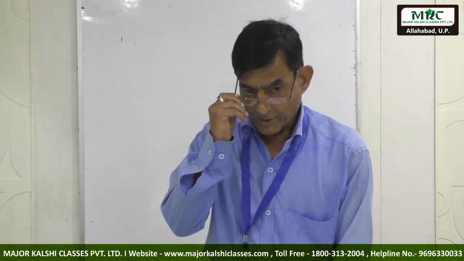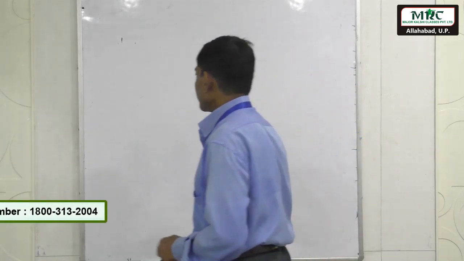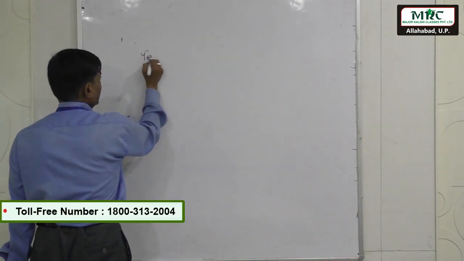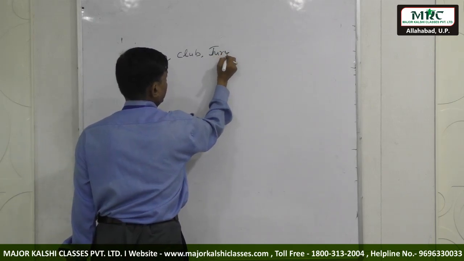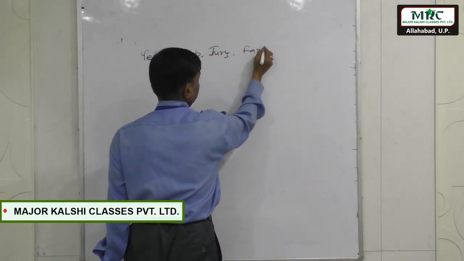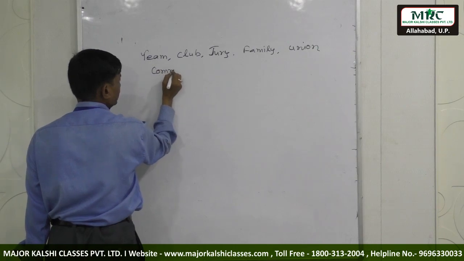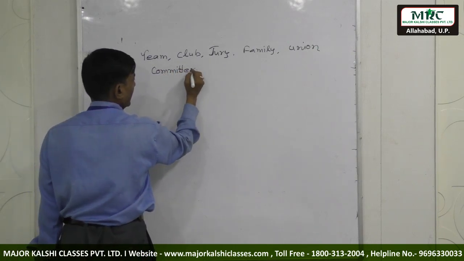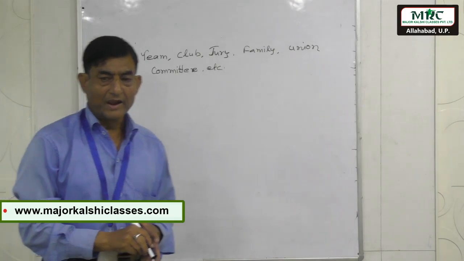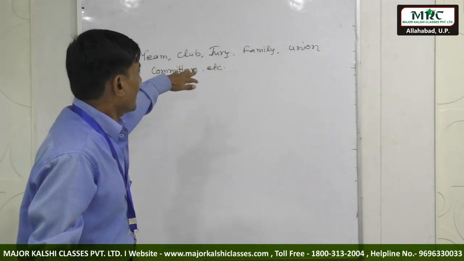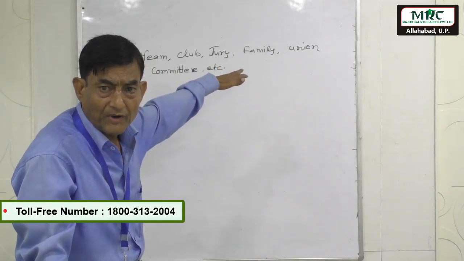The other rule of pronoun is that some collective nouns such as team, club, jury, family, union, committee, etc. are used with a singular verb if the members of these collective nouns act unanimously.